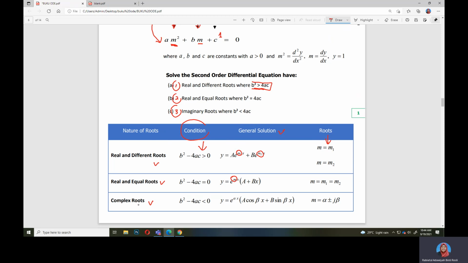And then for the complex root, when you find a root, we will find the alpha and the beta. This is the symbol of imaginary roots. So for complex root, you substitute the alpha and the beta here.